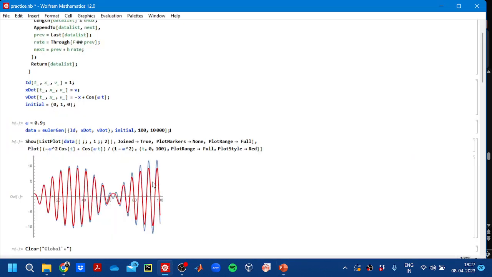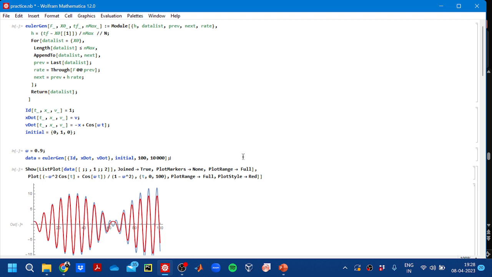Here you can see the red curve corresponds to the exact solution, and the blue one corresponds to the numerical solution of the Euler method.